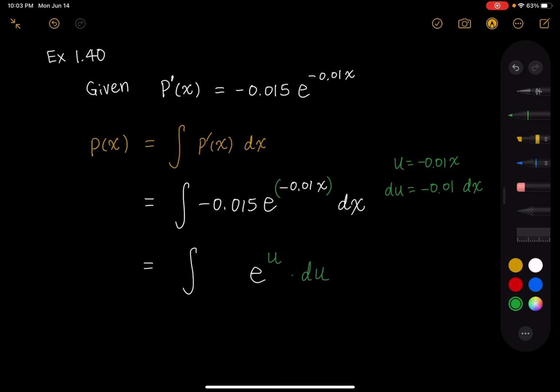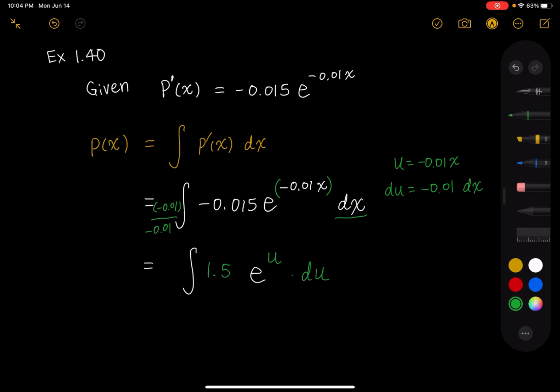So if we multiply negative 0.01 and combine it with a dx to get our du, we need to divide by negative 0.01. So in that case, you will divide negative 0.015 by negative 0.01 to get 1.5.